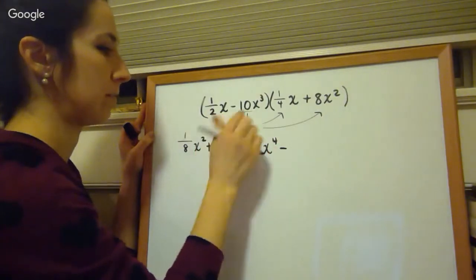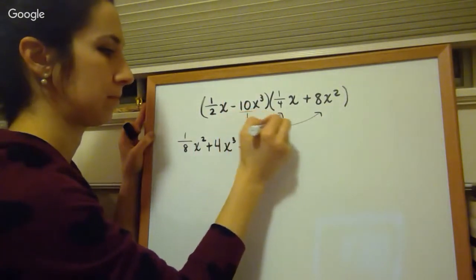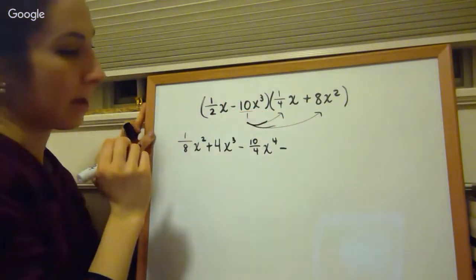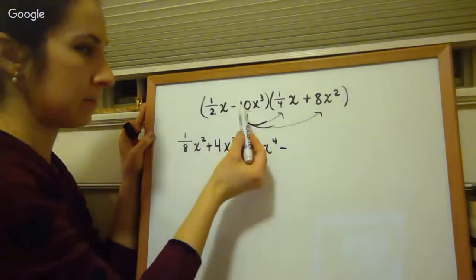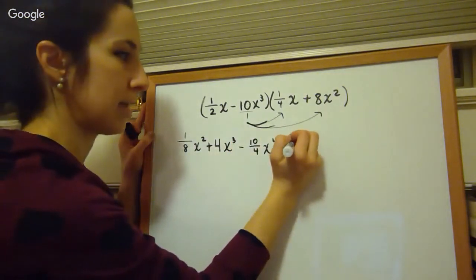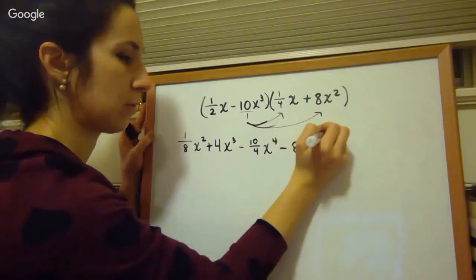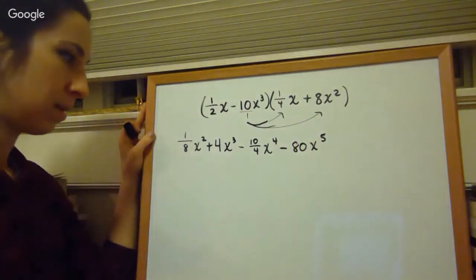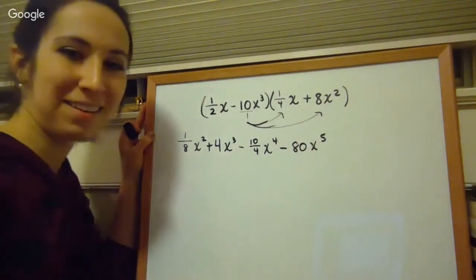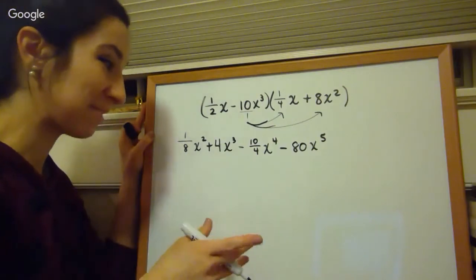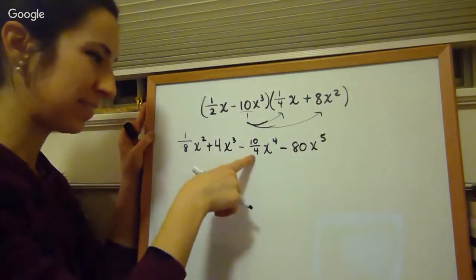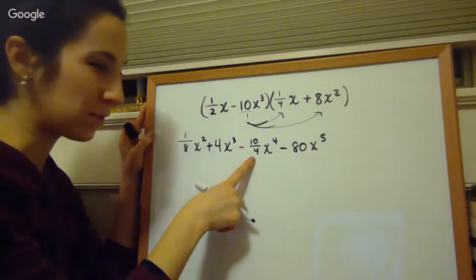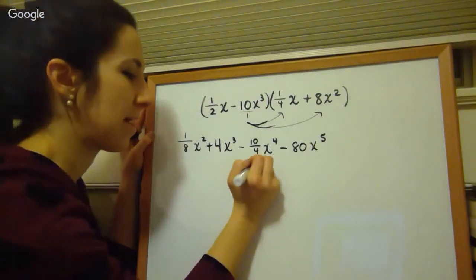Then -10 times 8 is -80 x to the 5th. No like terms at all. The only thing I really want to do is simplify this. 10 over 4 simplifies down to 5/2.